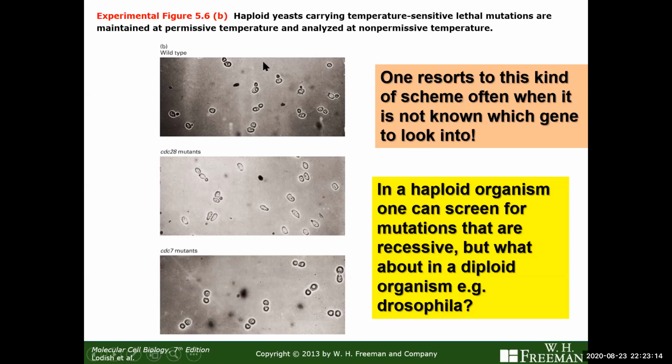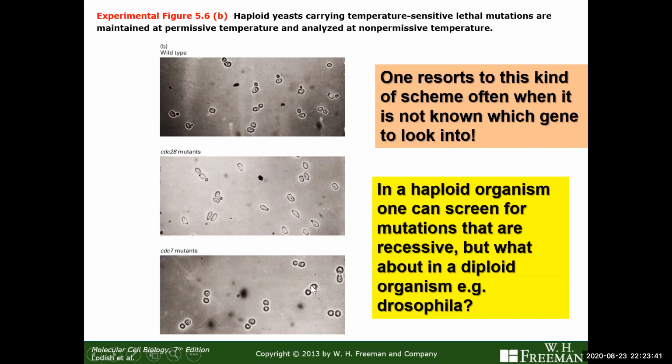You see here in the top panel, when cells are dividing, you get to see all kinds of budding that is happening. There are different stages of bud formation, cytokinesis and segregation and all of this. Here, you see that the cells do not even look like they are budding. Here, they are clearly budding, but all of them are arrested in a stage like this.